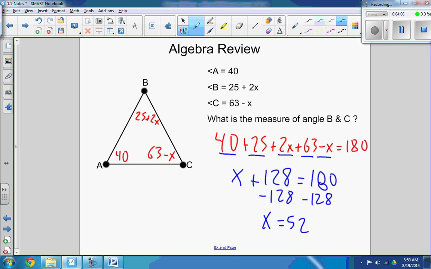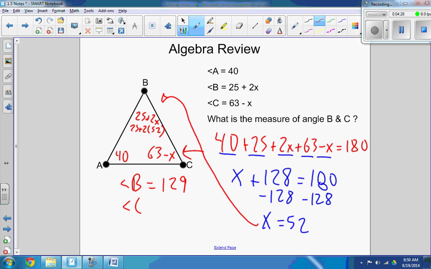But we're not done. We have to then plug this back in to both of our angles, angle B and angle C. So 25 plus 2x, so that's 25 plus 2 times 52. So we get angle B equals 129.